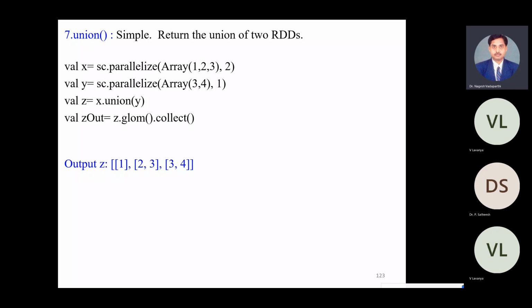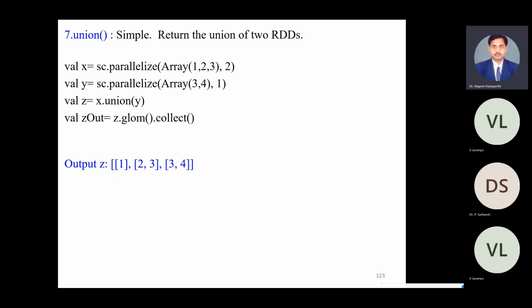I'm using an output variable. First iteration, 1 will come, then 2 comma 3, then 3 comma 4. So these are the two sets I'm getting. So I'm doing a union operation.